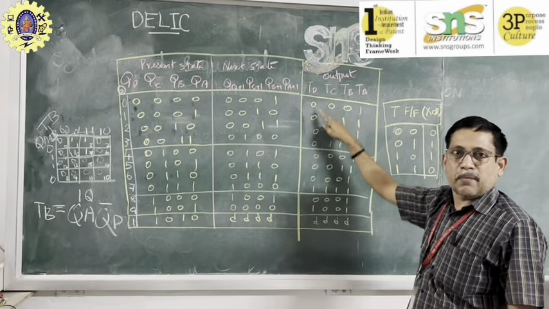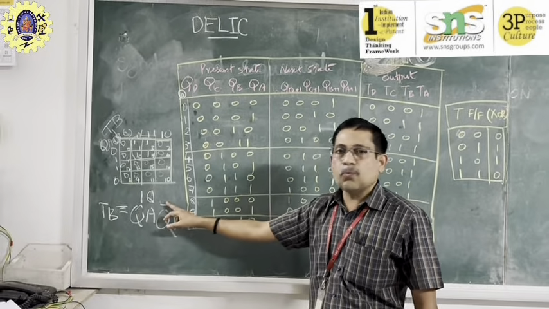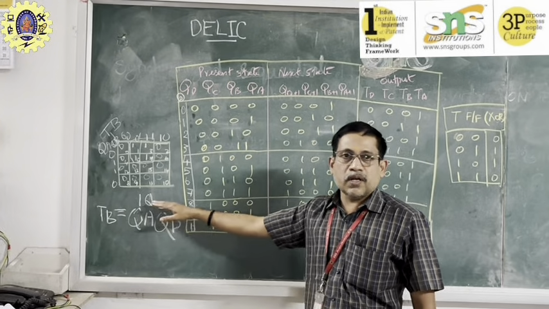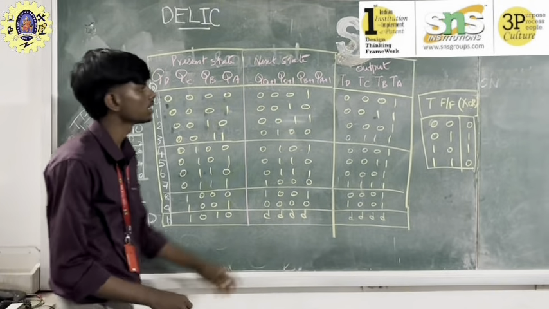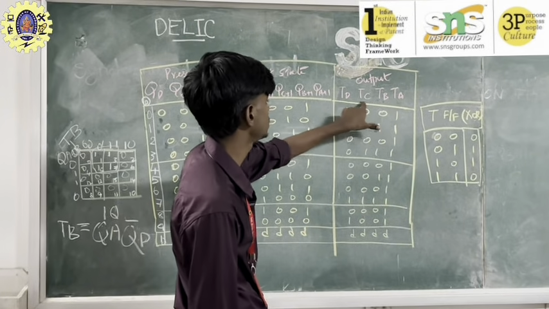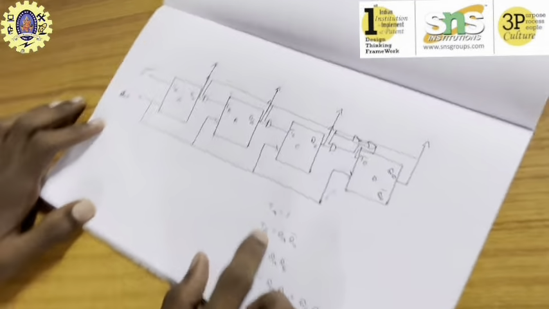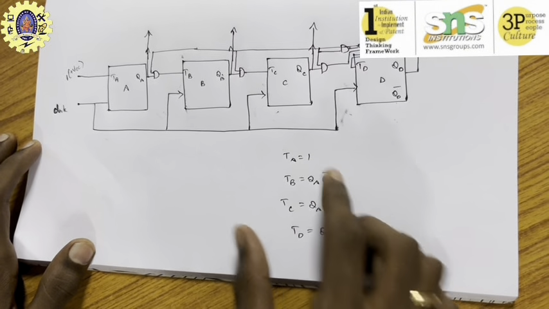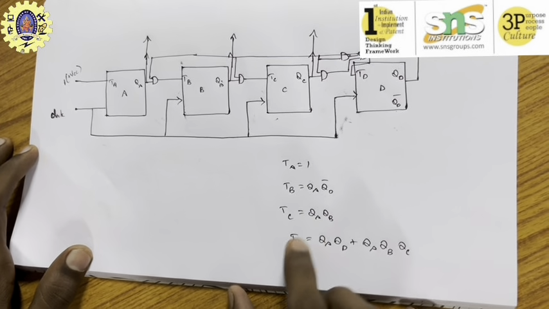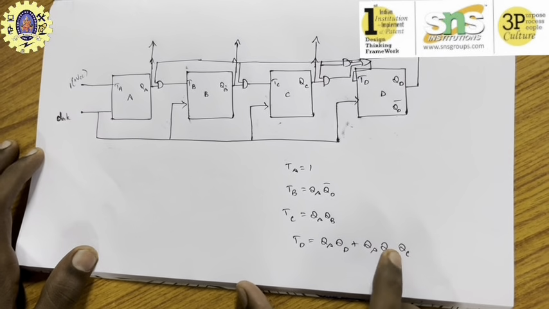If all the K-maps are done, the output expressions are: TB is QA and Q bar D, TA is 1, TC is QA QB, and TD is QA QB QD plus QA QB QC.